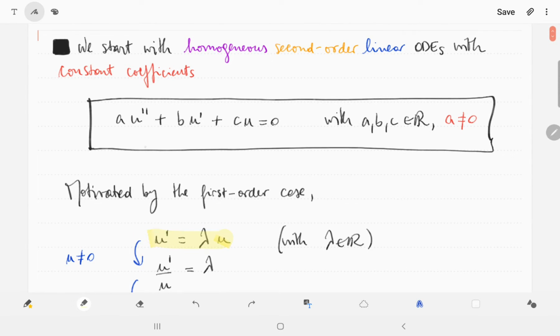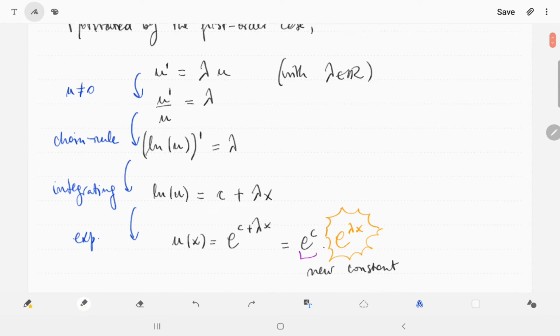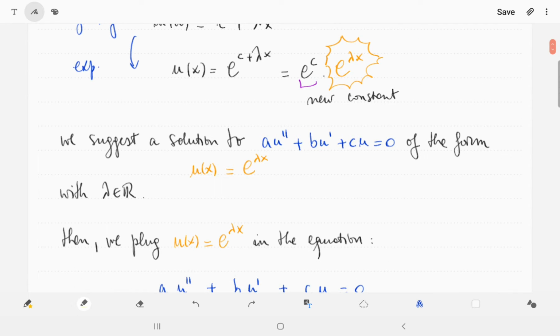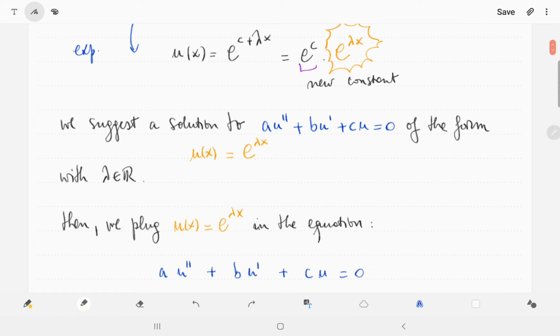And now we want to solve this second order linear ODE. Motivated by the first order case, the easiest case, we say, okay, I have no idea how to solve this, but what if I ask the solution to be of this form, this exponential lambda x?